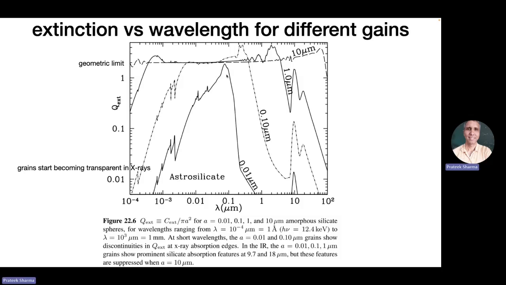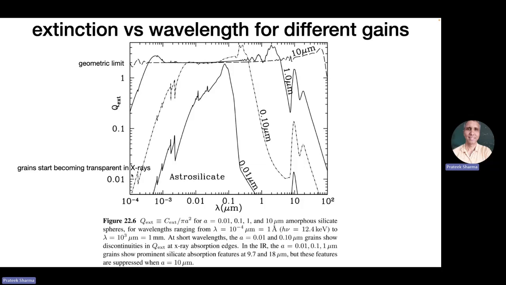The important thing that you'll start to notice here is that as you go to very small lambda, the grains start becoming transparent in X-rays. For small sized grains, they are transparent to X-rays. And you may also know that if you have looked at mirrors in X-ray telescopes like Chandra and XMM, if you take a normal mirror and shine X-rays on it, X-rays just leave.